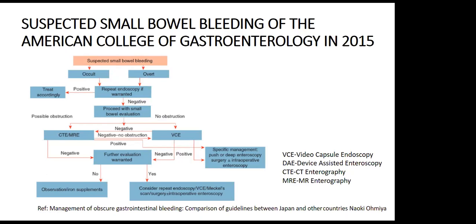If there is no obstruction, then we may consider video capsule endoscopy, and if it is positive, then specific management for the cause of the disease. If the CT enterography or MR enterography is negative, we have to further evaluate with repeated endoscopies, and if it is negative, we have to observe the patient and give iron supplements.